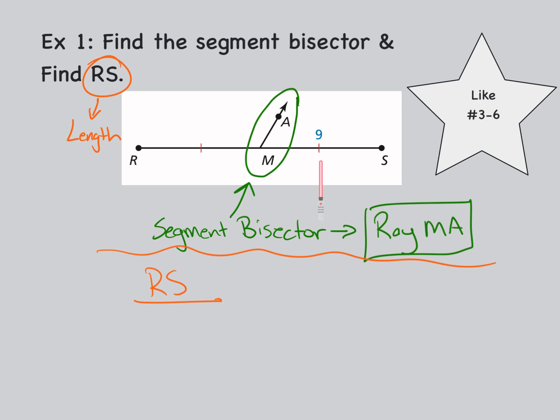Now notice, guys, on this side it's 9. What do you think the other side's going to be? 9. Because they're congruent on both sides, right? Yes. So if each side is 9, and then I need to find R to S, what do I do with those two 9s? Add them together. So RS is equal to 9 plus 9. So RS equals how much? 18.